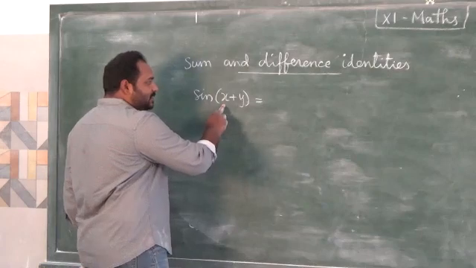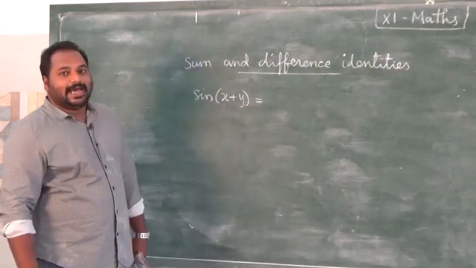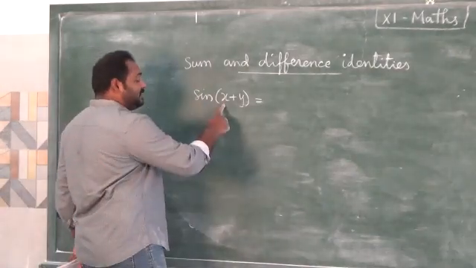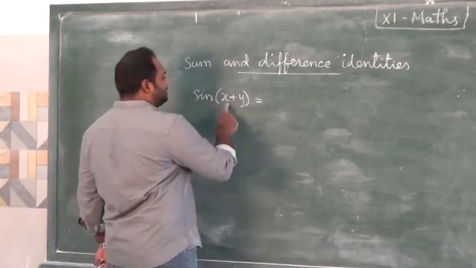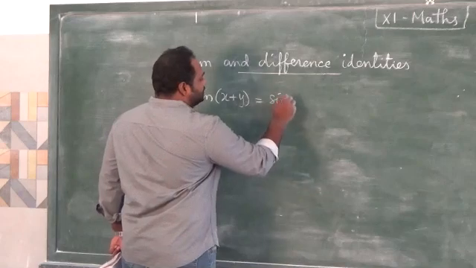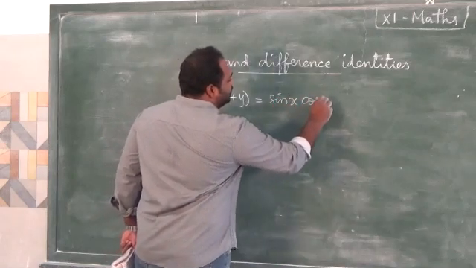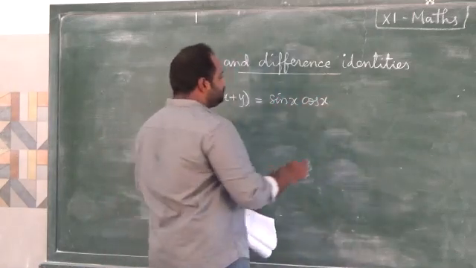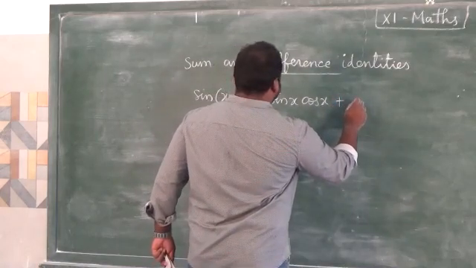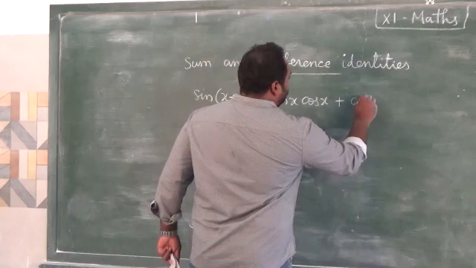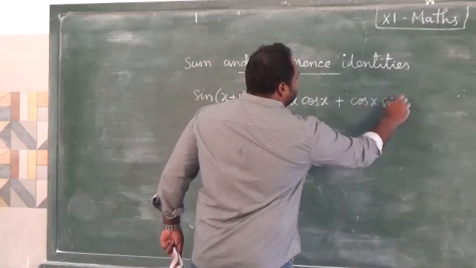If you add some different angle or a different variable in this theta place, the formula is sine x plus y is sin x cos y plus cos x sin y.